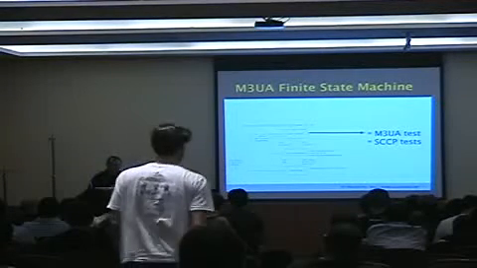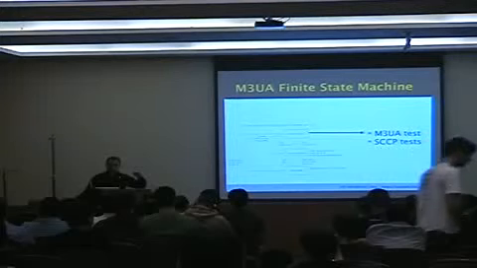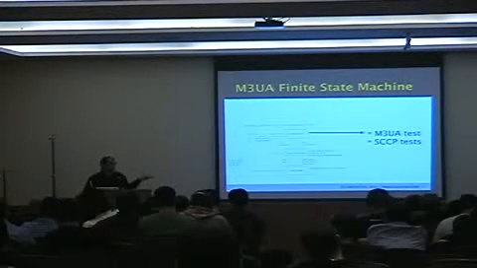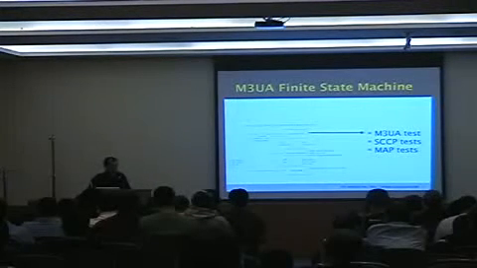So first M3UA test, and then we move one layer up. We start to scan with SCTP's test, which are the application which are running on top of it. And then start to do real attacks, for example, MAP, which is mobility, the mobile part of the protocol, which will enable us to do some tests.